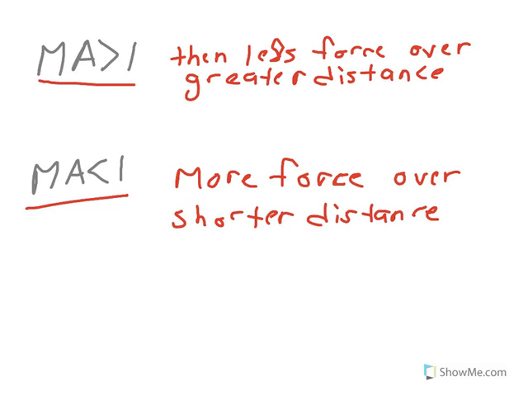To give you an example of a mechanical advantage of greater than 1, let's picture a wall. I have an object that I want to get up this, and it is 10 feet. Now, to lift the object the 10 feet would require quite a bit of resistance, or quite a bit of force. A lot of work to lift that straight up 10 feet.